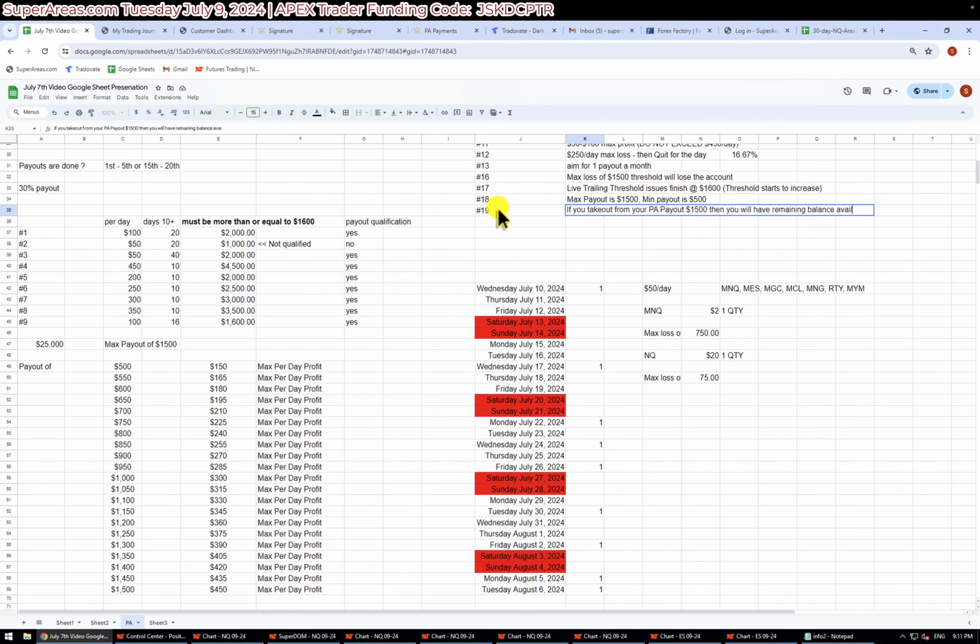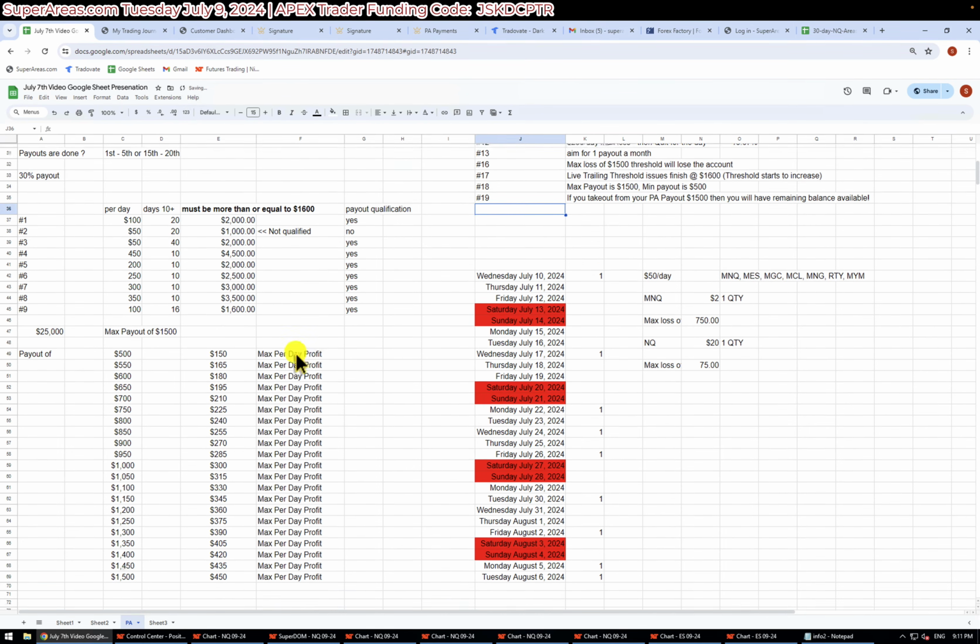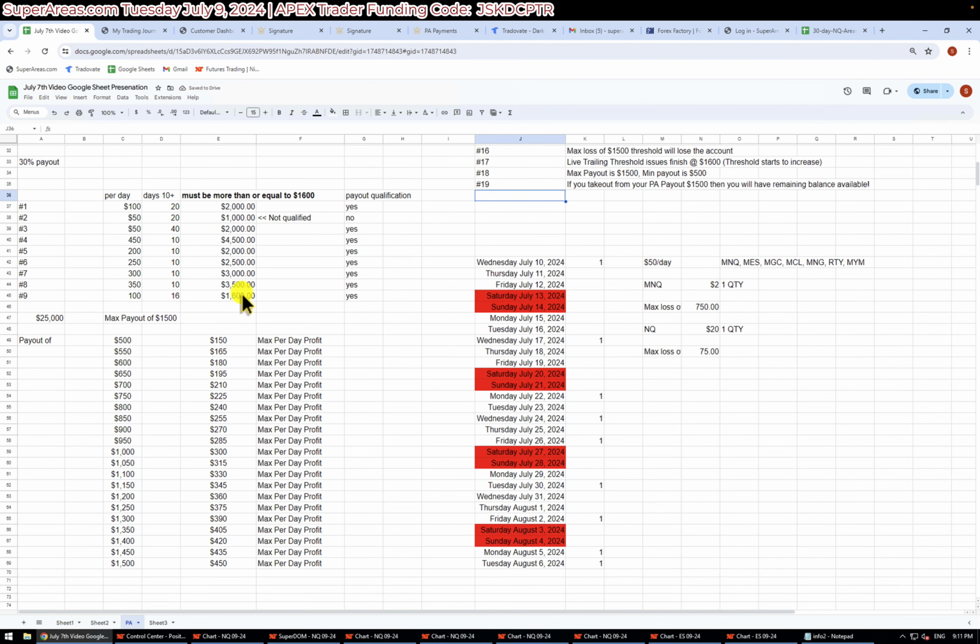balance available. Now let's say I have $1,600 in my PA, and I want to take $500 out of it. So of course, I'll do a $1,600 scenario, within Excel, 1,600.